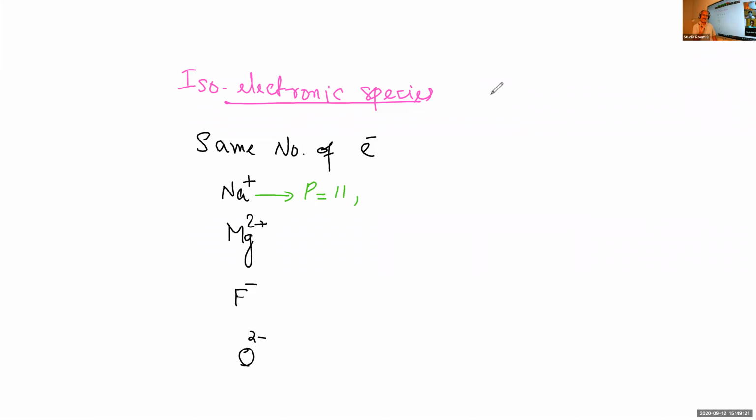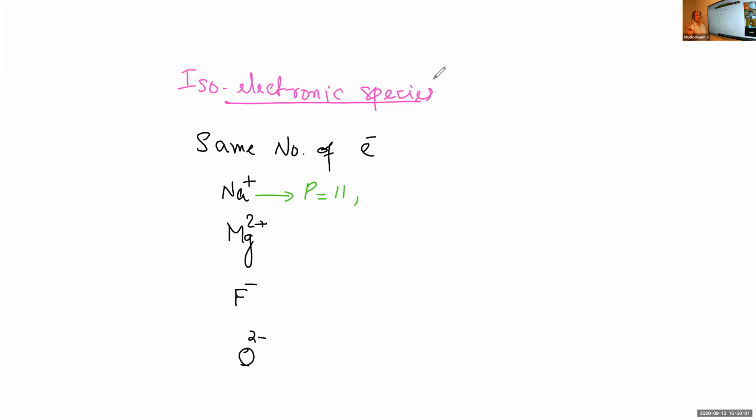If it is a neutral sodium atom, the number of electrons will be 11. In a neutral atom, the number of protons and electrons will be the same.